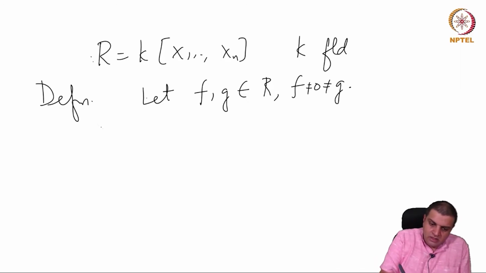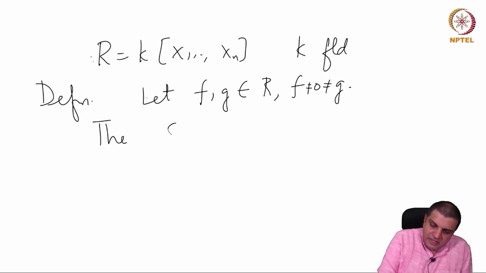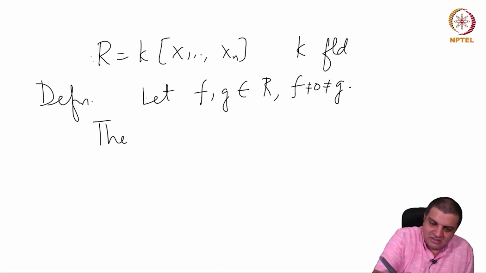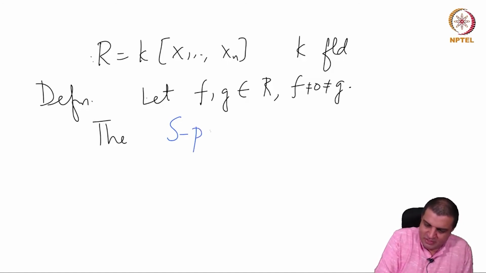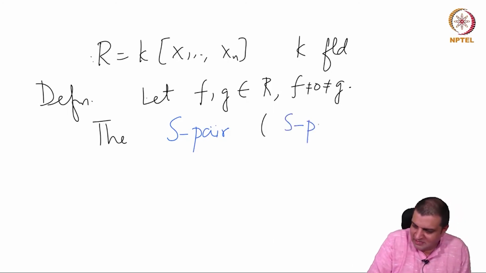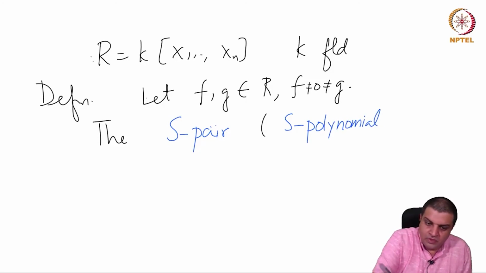The S pair, and I must apologize, I do not know why it's called a pair. It's a single polynomial, sometimes called the S polynomial of f and g.